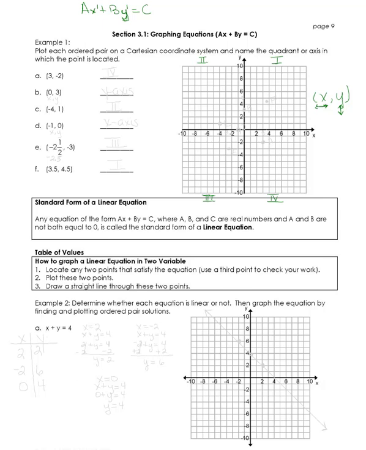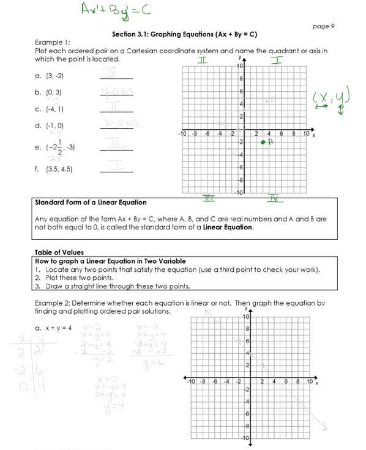So we're saying 3, start at the origin, move over 3 spaces, positive 3, 1, 2, 3, here is 3, and then from there I'm going to go down 2 spaces because my y is negative 2, and along the y-axis the negative is going down. So we count downward, 1, 2. Here's our point. We'll label that as A.